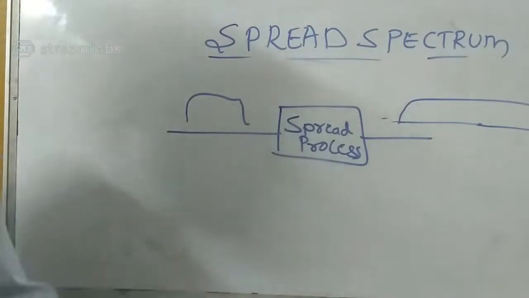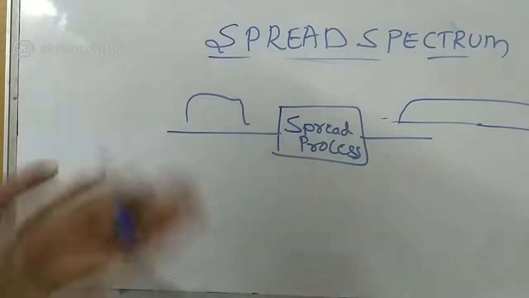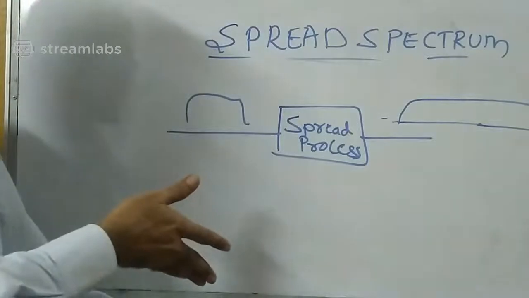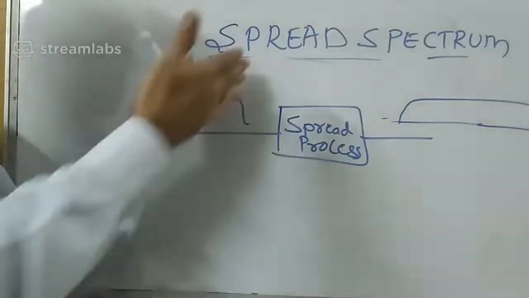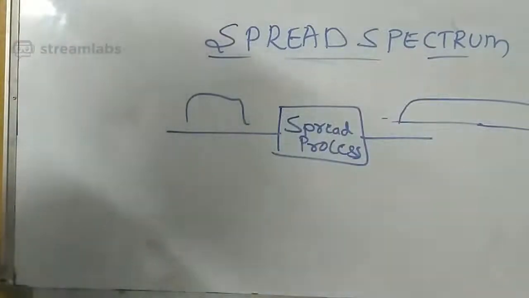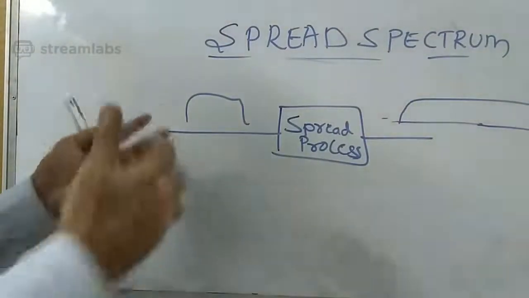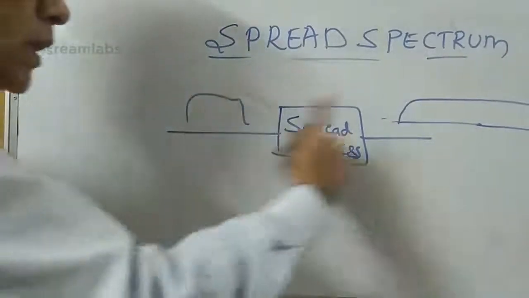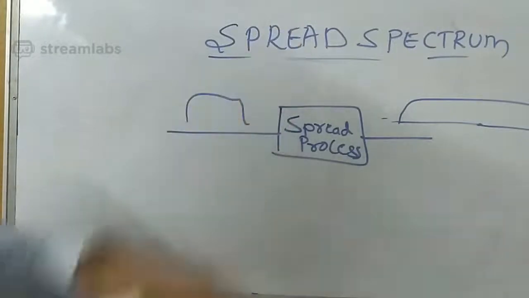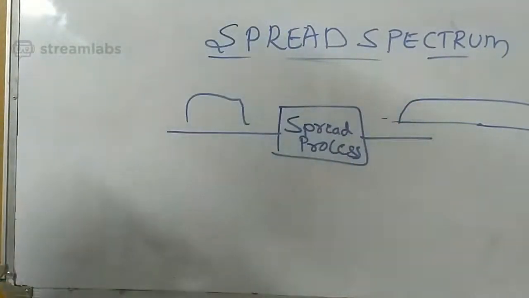It is a kind of reverse action of what we have seen in multiplexing. While discussing this topic, I said this action is similar to multiplexing, but when you look at this figure, you may feel that in multiplexing we club multiple things to create a large bandwidth signal, whereas in spread spectrum I am talking of increasing it.